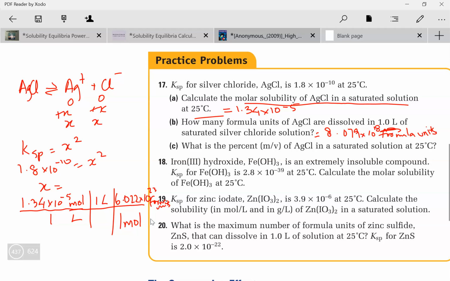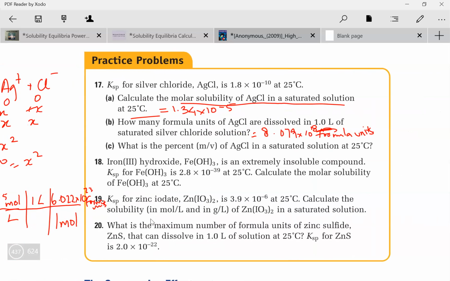What is the mass percent, mass per volume? I already have my volume, so I start again with 1.34 times 10 to the power of negative 5 moles per liter. I'm going to convert moles to grams by finding the molar mass of AgCl, which is 143.32 grams per mole.